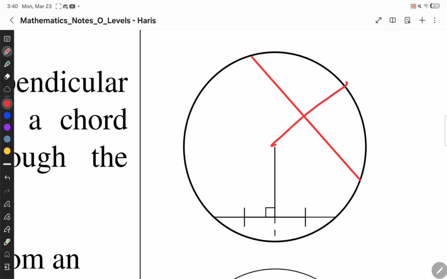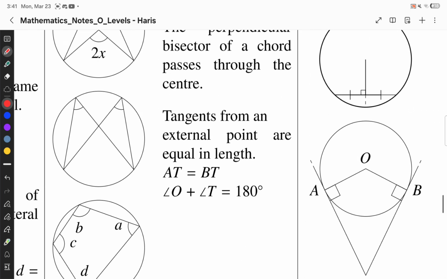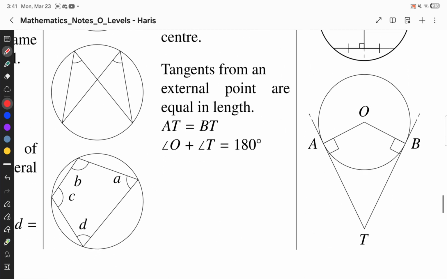If we draw a radius to it, it will be 90 degrees and cut it into two halves. So this rule applies everywhere, and this is mainly used for using Pythagoras. So that's only where you will use this.